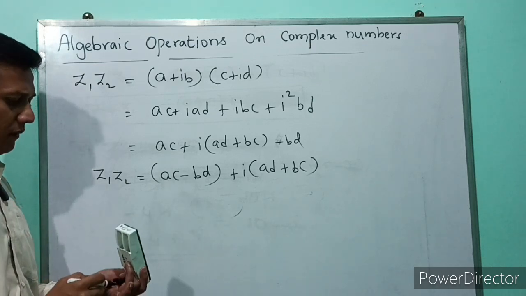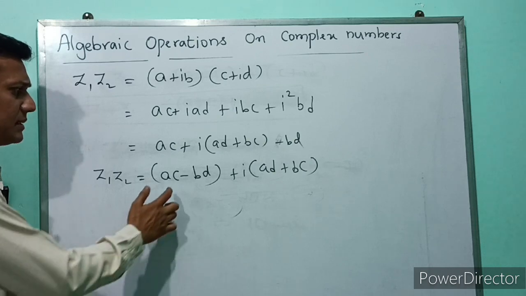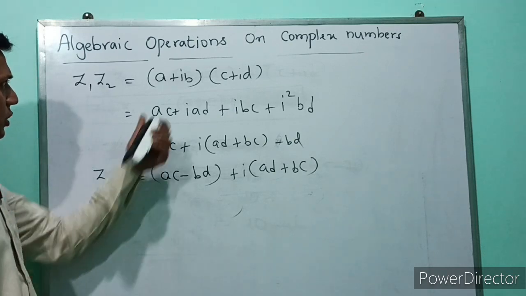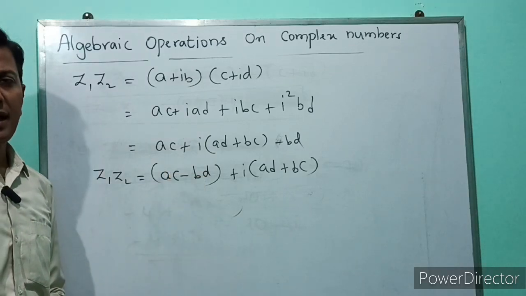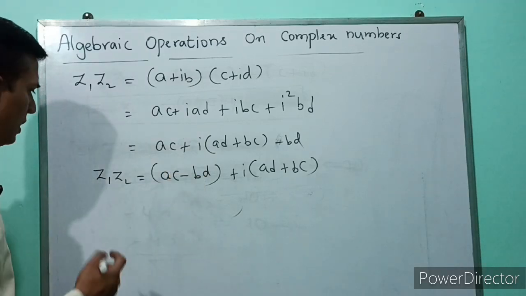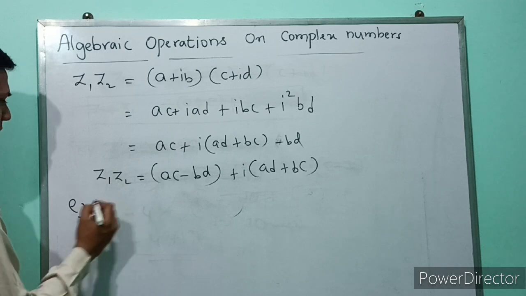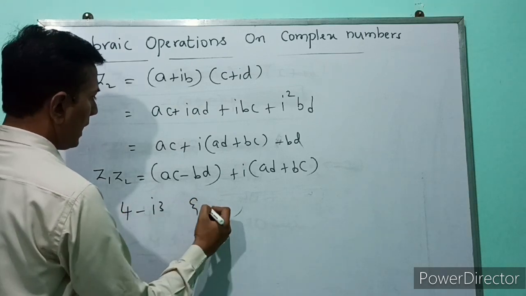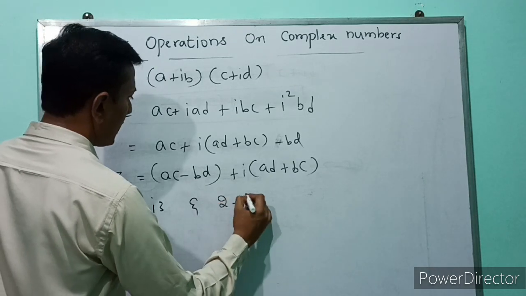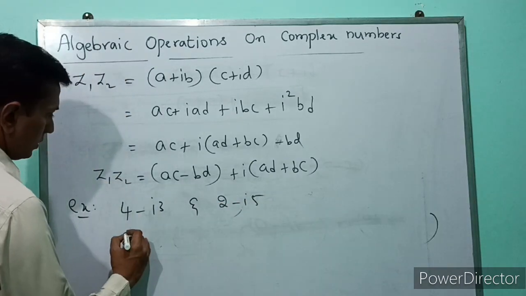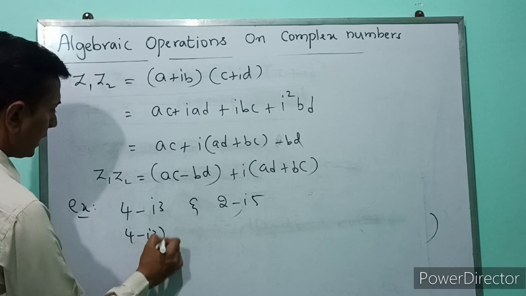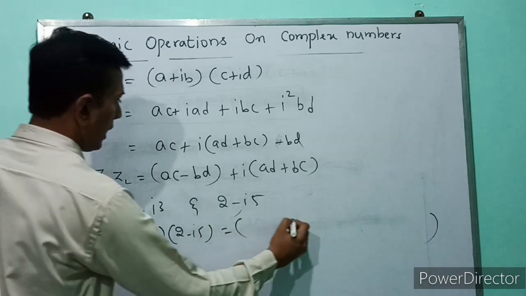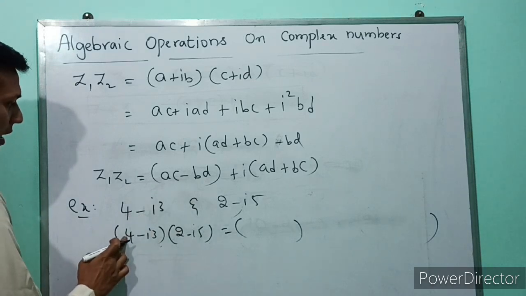Whenever you are solving a problem, you can directly go with this result. With practice, you will get this format. Otherwise, you have to go for the same simplification step by step. Let us take one example: 4 minus i3 and 2 minus i5. So (4 minus i3) into (2 minus i5) equals AC minus BD.